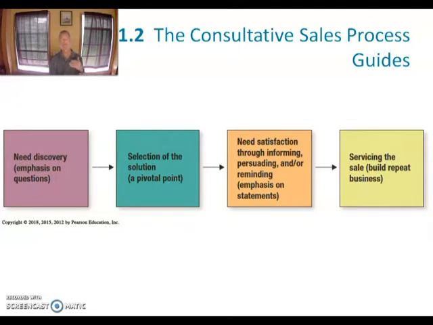That will help when you go into the presentation mode, which is persuading, informing, reminding, etc., and then finally servicing the sale. So today we're going to talk really about the needs discovery and the selection of a solution for your product.